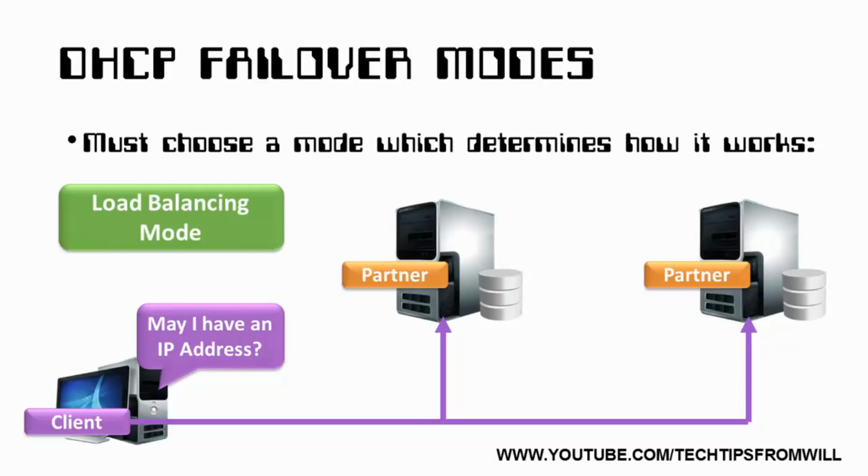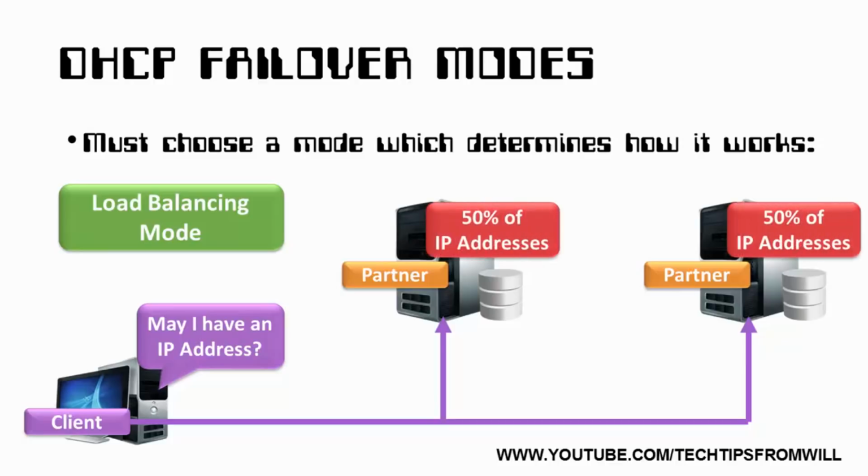If you opt for load balancing mode, Windows will, by default, distribute the workload between the partners evenly on a 50-50 ratio. That is, each partner will be responsible for 50% of the IP addresses in the scope, and client computers will contact the DHCP servers in turn.